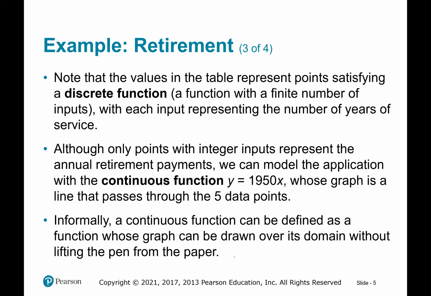So for the continuous function model, we can plug any x in that we want. So it can actually be evaluated for any x, including 21.2 if you want to. Even though our data is discrete, the function's continuous. Informally, a continuous function can be defined as a function whose graph can be drawn over its domain without lifting your pencil from the paper.